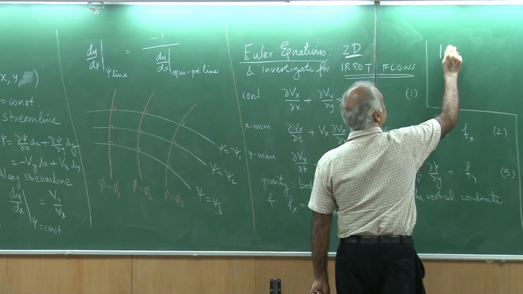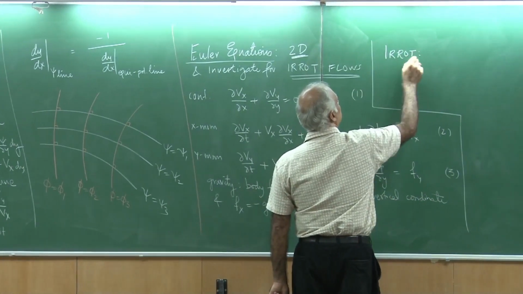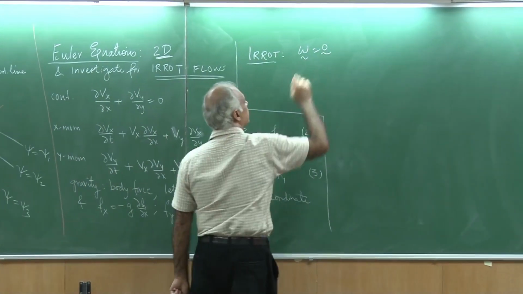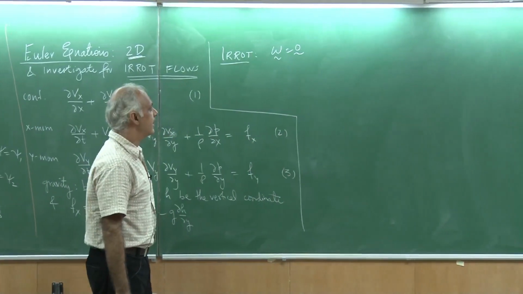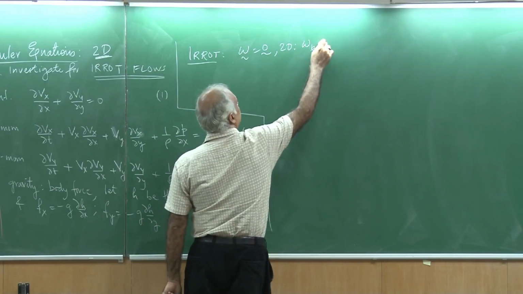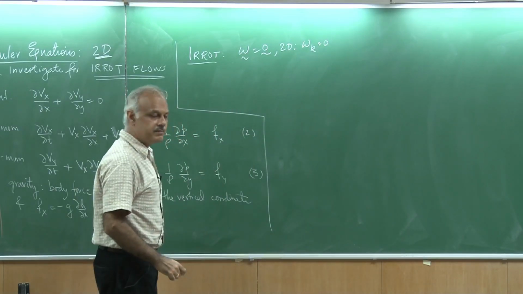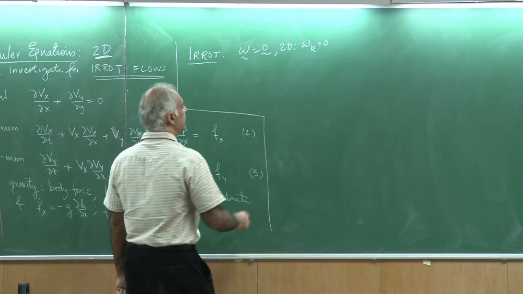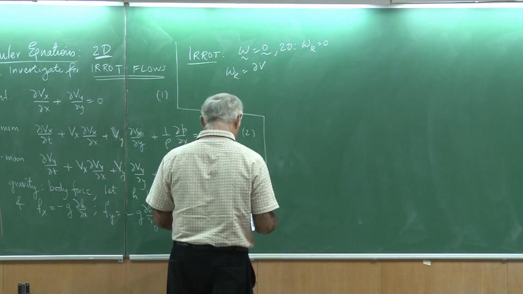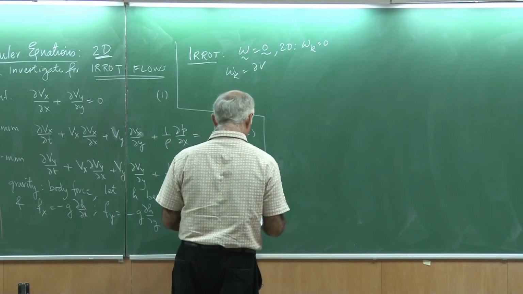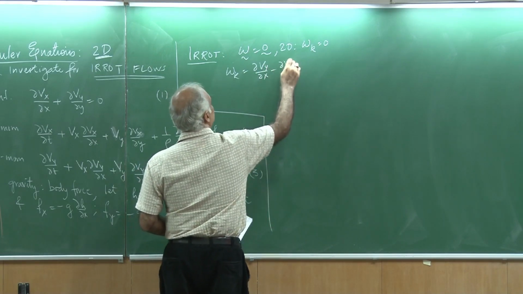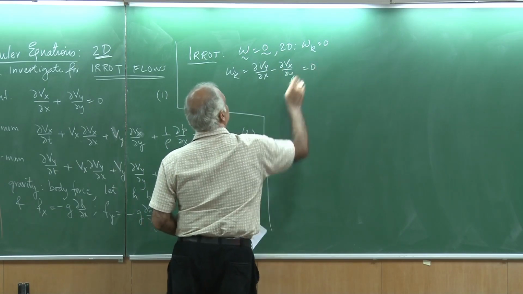So, what does irrotationality imply? Irrotationality implies that my vorticity is 0 everywhere, and especially in 2D it implies omega k is 0, and omega k is defined as del Vy by del x minus del Vx by del y, this is 0.